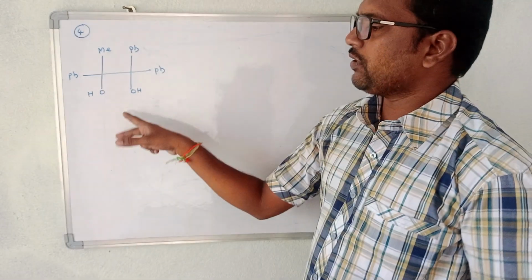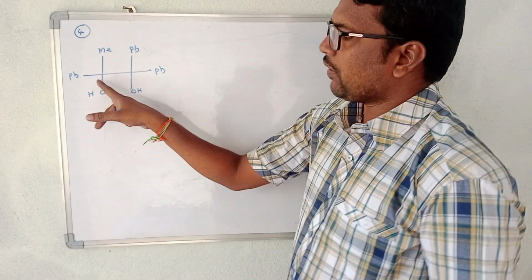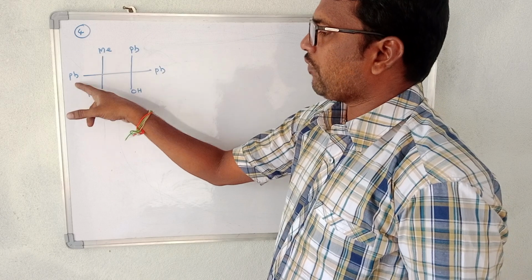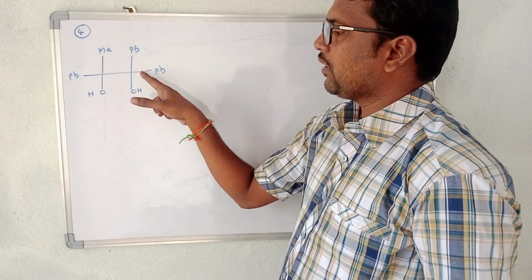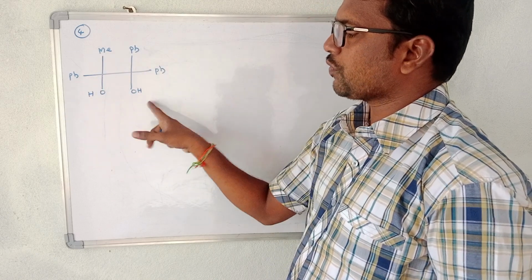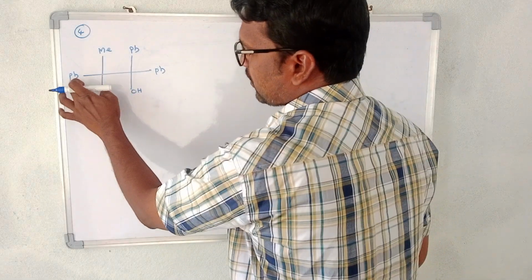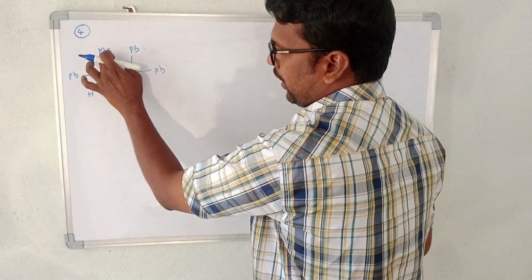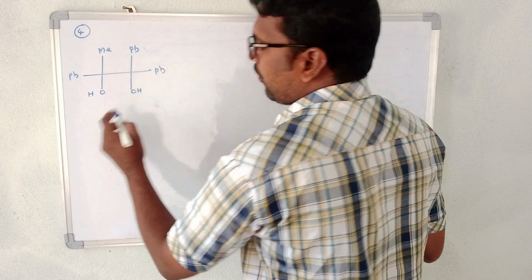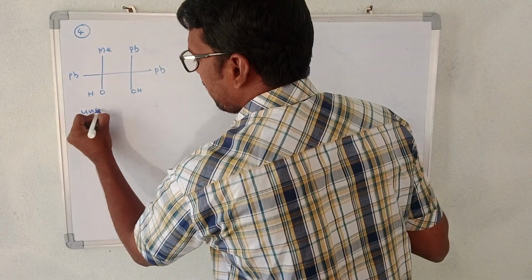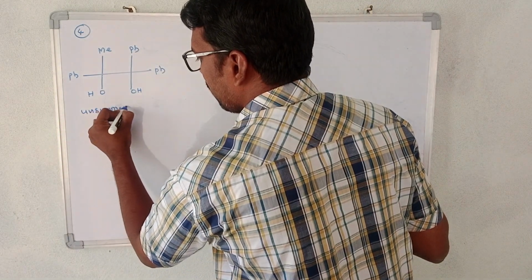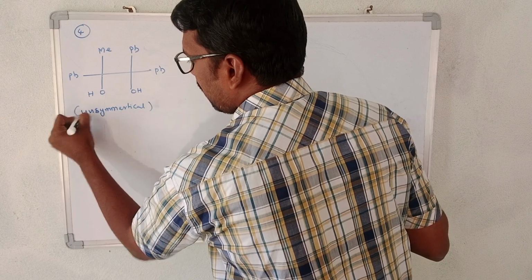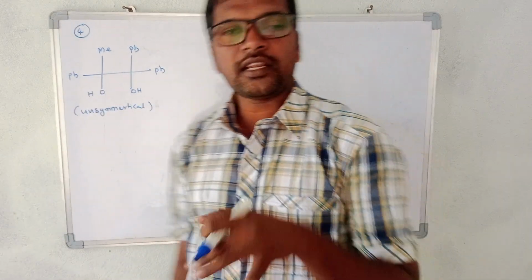You see, it is also a 1,2-diol, but this carbon contains one phenyl group, one methyl group, one OH. This carbon contains two phenyl groups, one OH. That means it is not the same. Here a methyl group is present, there a phenyl group is present. So that 1,2-diol is an unsymmetrical diol.